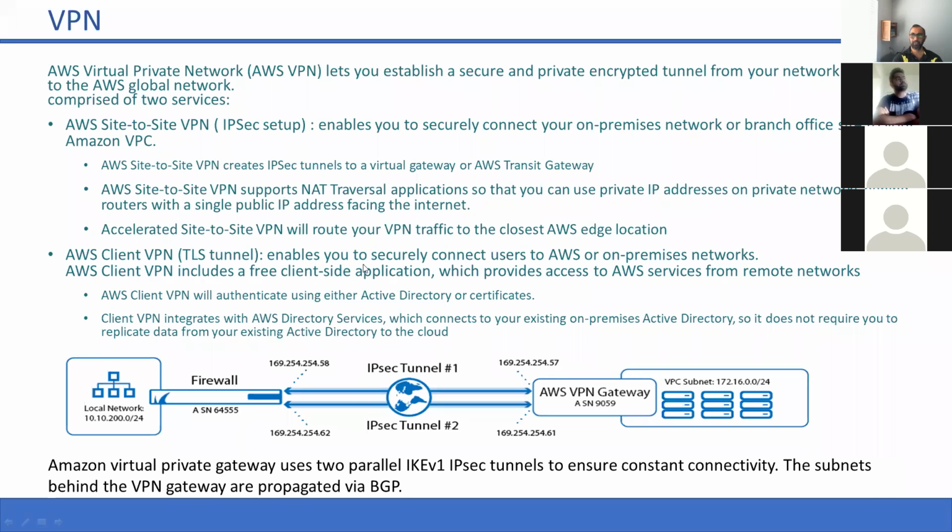And client VPN enables users who are outside your network to communicate to your AWS network. In many companies, they may use VPN tunneling with AWS, or they may go with another service provider like Cisco, or Citrix, Zen client, and many of those kinds of things.